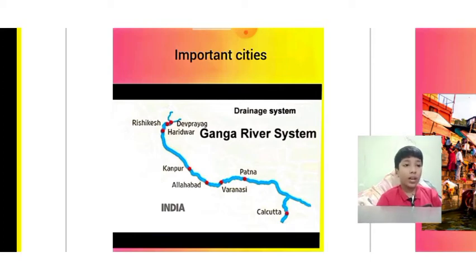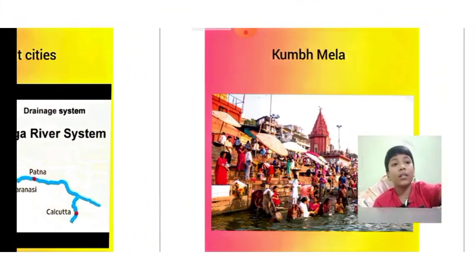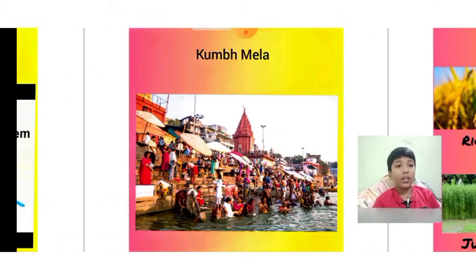The Ganga and Yamuna will join at Allahabad. See, it will join in Allahabad, and every 12 years the pilgrims will come and bathe in the river, that is called Kumbh Mela.